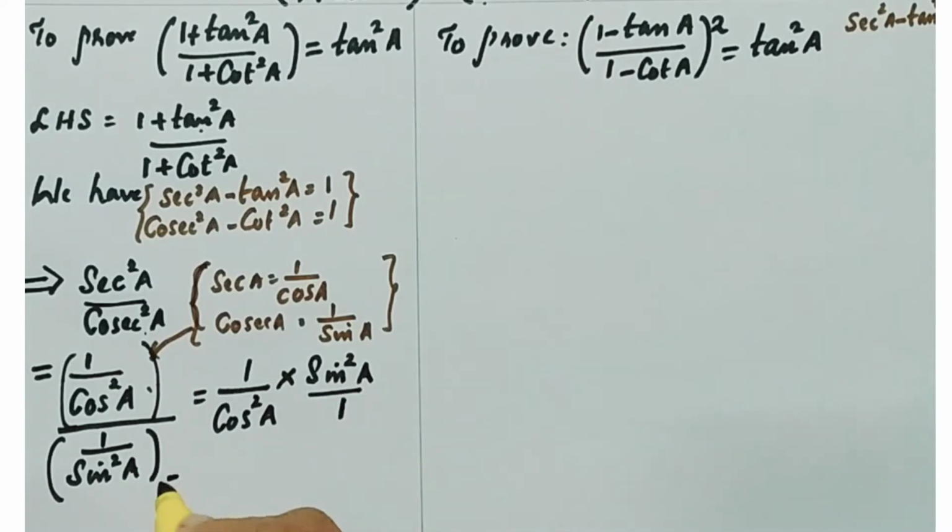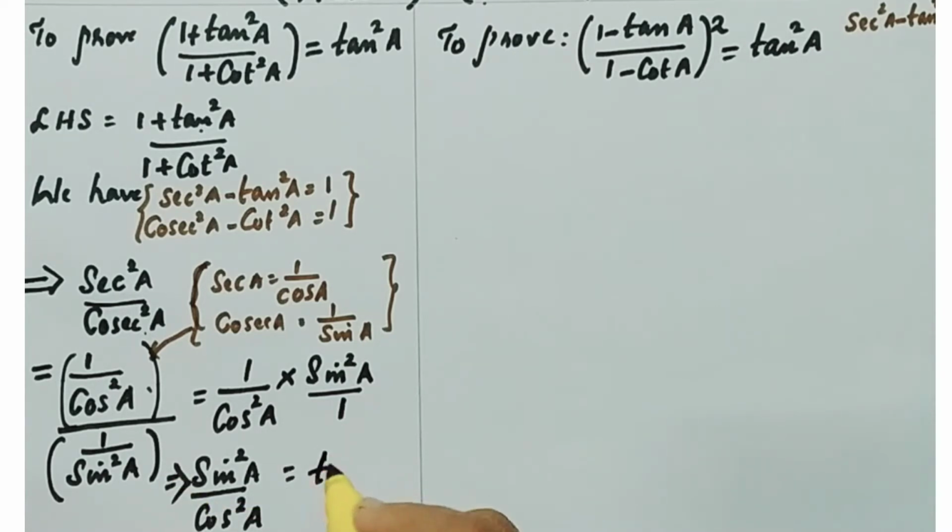So the net value will be sin square A by cos square A, since 1 into sin square A is sin square A and cos square A into 1 is cos square A. What is sin square A by cos square A? It is equal to tan square A, because sin A by cos A is tan A. So sin square A by cos square A equals tan square A, which is your RHS.